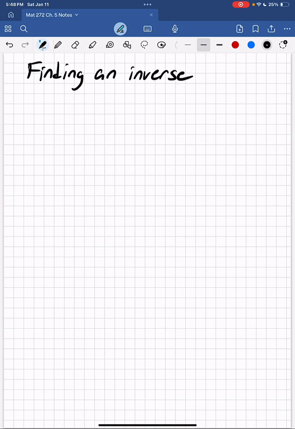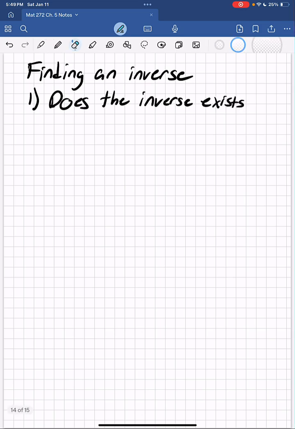First, we need to make sure that the inverse exists, which we just talked about. Does the inverse exist? That is Theorem 5.7, which we use to justify that.